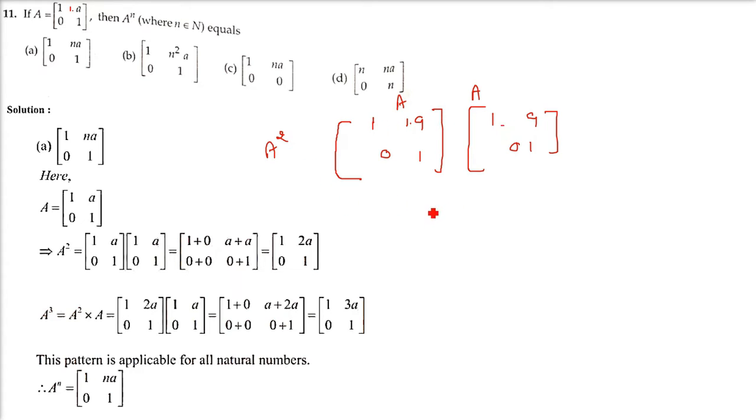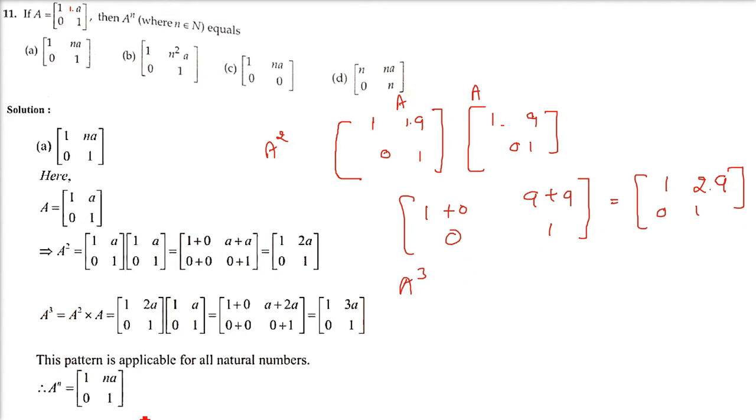1 into 1 plus A into 0, leave it. 1 into A plus A into 1 is 2A. 0 into 1 is 0 and 1 into 0 is 0. 0 into A is 0 and 1 into 1 is 1. So what do you get? See, this is 1, 2A, twice of A. Initially I told you that this is 1 A, now it is 2A.